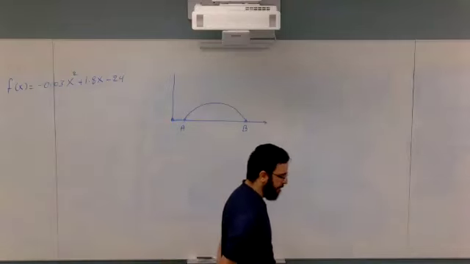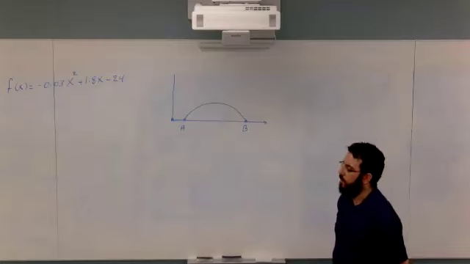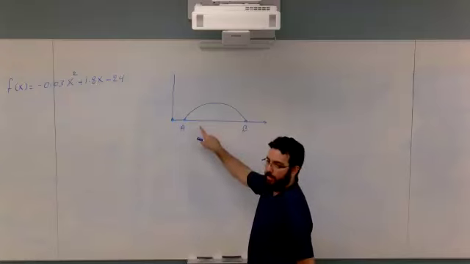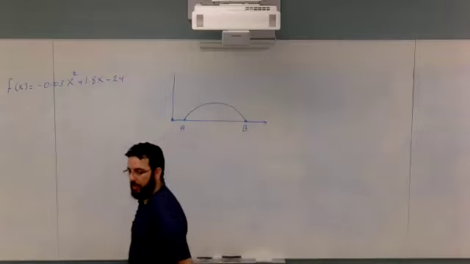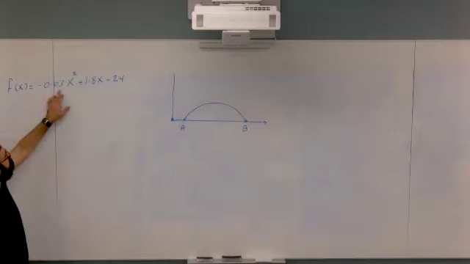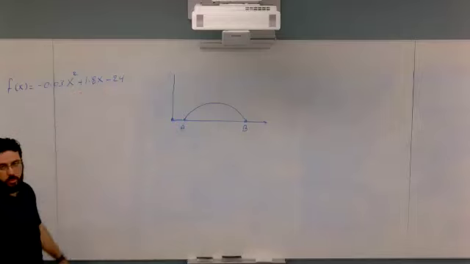He formulated a mathematical model for the parabolic path a bee follows from flower A to flower B. The path is given by the function f(x) equals negative 0.03x squared plus 1.8x minus 24.